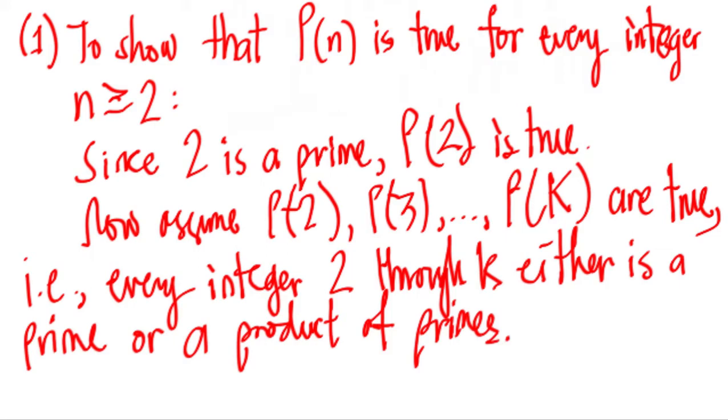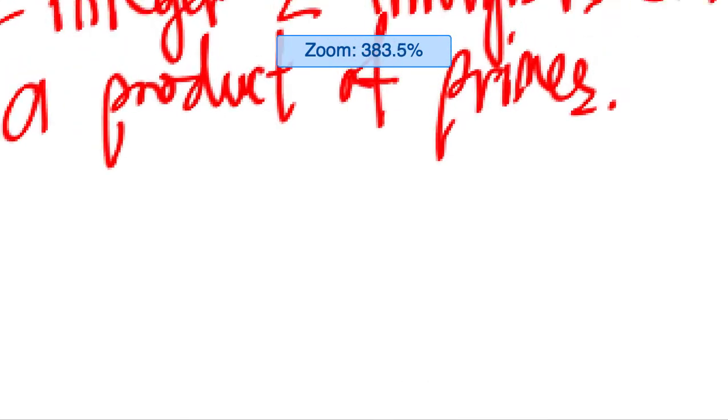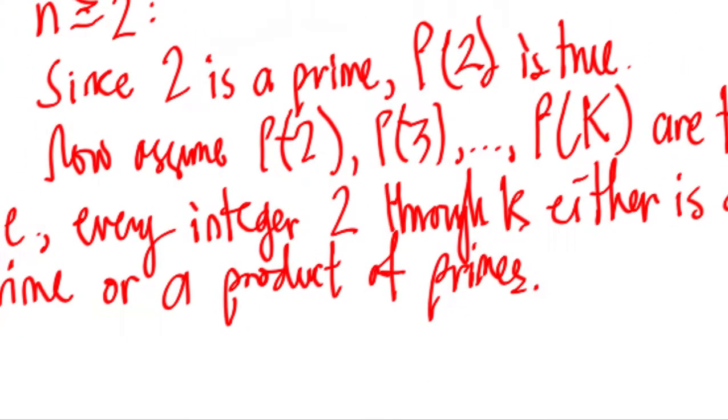So that's what we want to assume now: all integers 2 through k are either prime or product of primes.